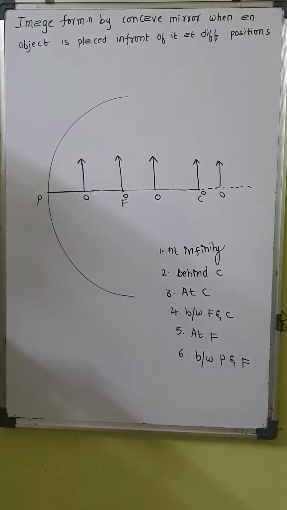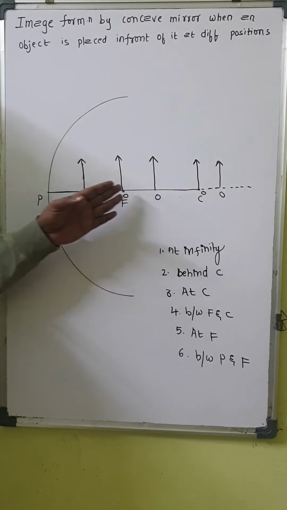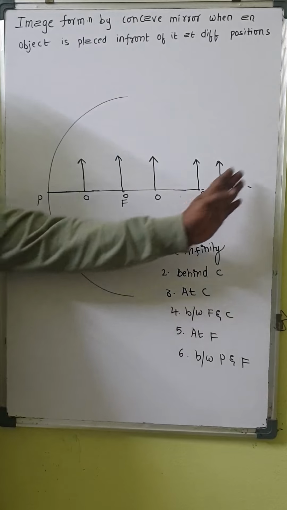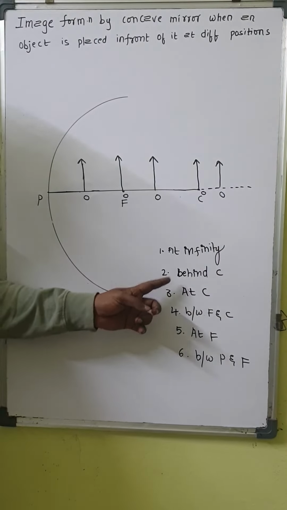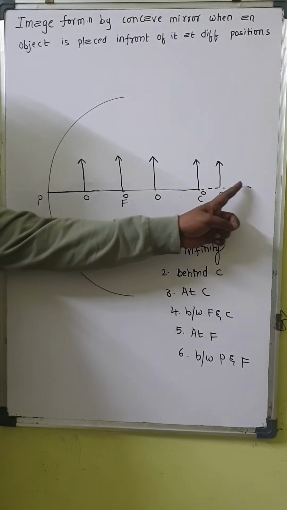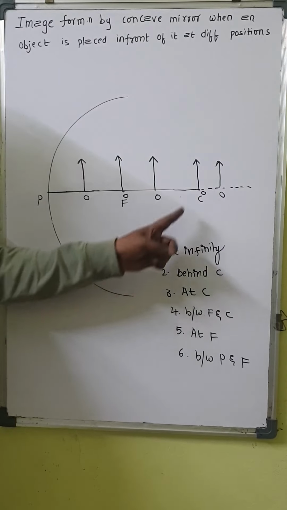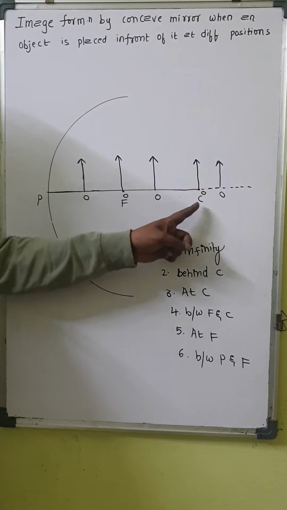So, in fact, an object can be placed in front of a concave mirror at infinite positions, but all these infinite positions are regrouped into 6 positions. First, at infinity, very far from the mirror, which we do not show in the diagram. Second, behind C, behind the center of curvature, here or anywhere, but it should be behind the center of curvature. Third, exactly at C, the center of curvature of the mirror.